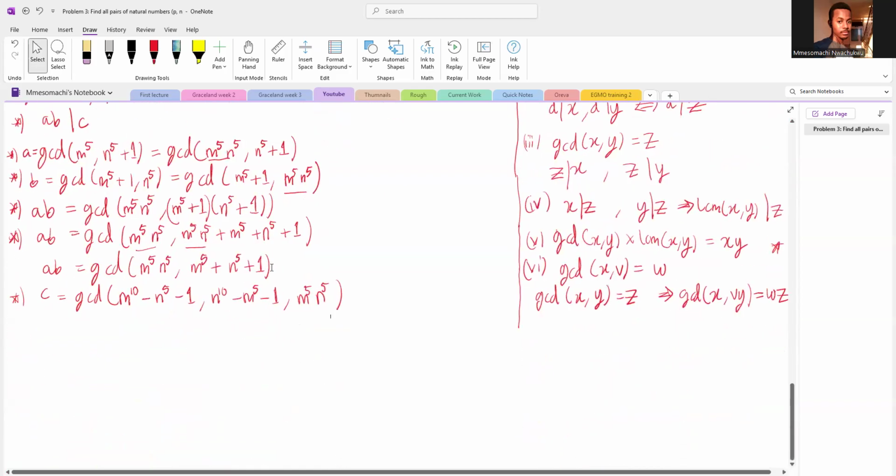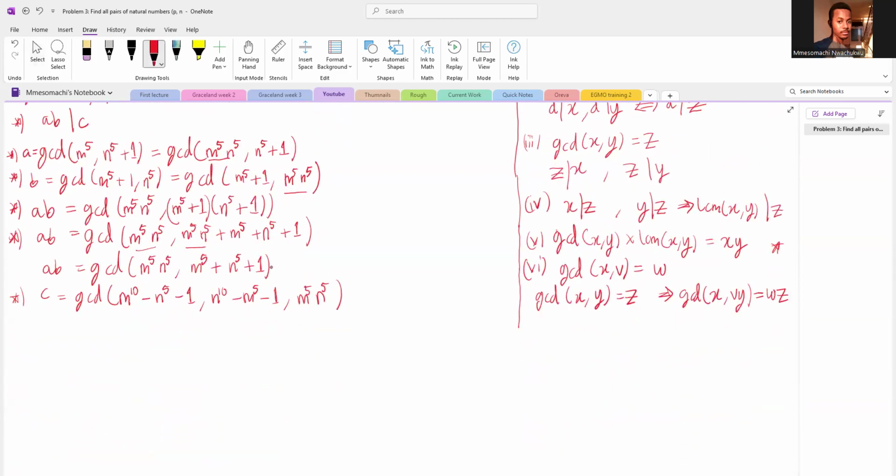So now, what can we get from here? Okay, so basically we can do some bits of reduction. So we have that C divides, let's just pick for instance, C divides m to the power of 10 minus n to the power of 5 minus 1.